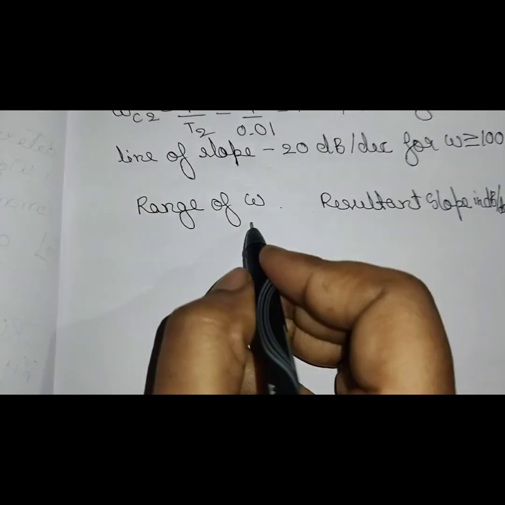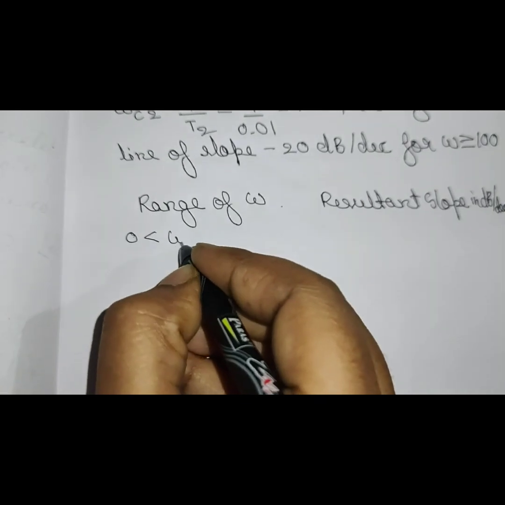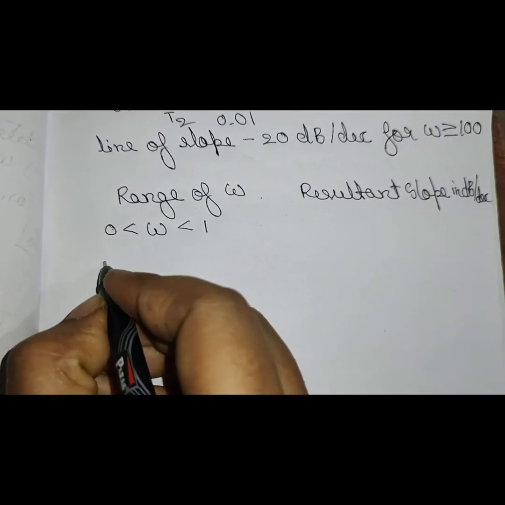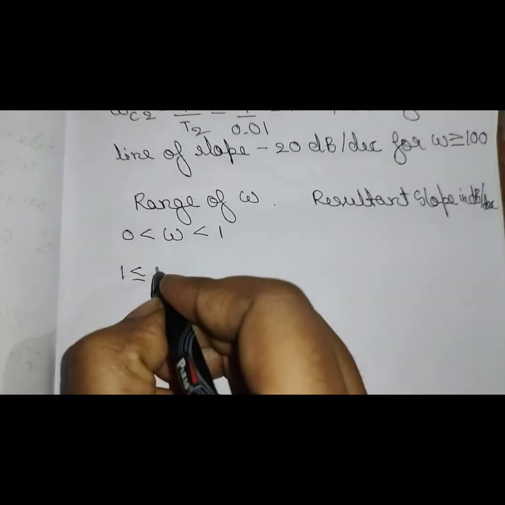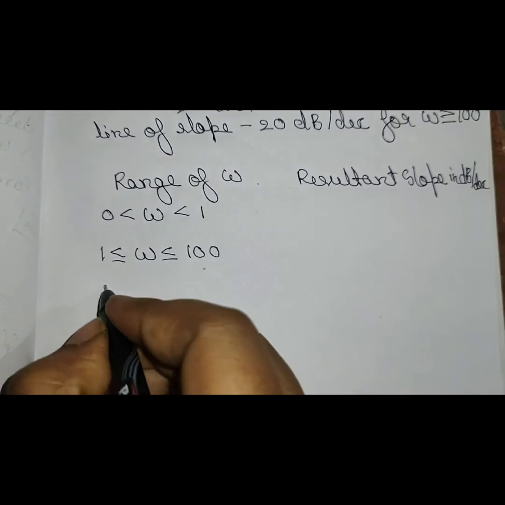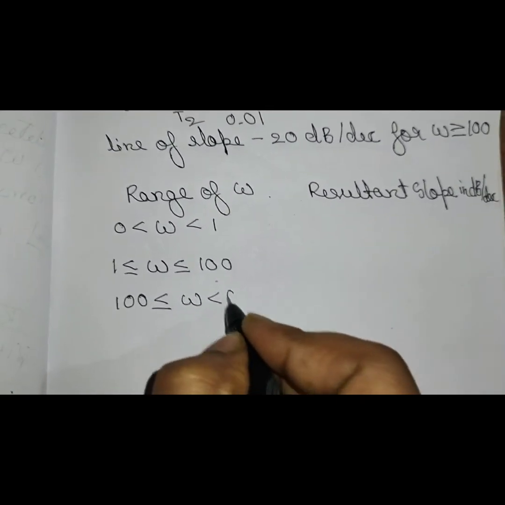So range of omega is starting 0 less than omega less than 1, and next range is 1 less than omega less than 100, and the next is 100 less than omega less than infinity.